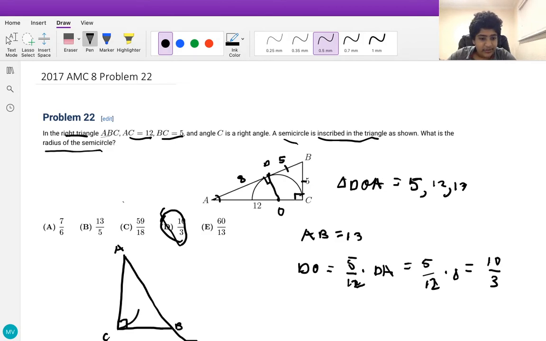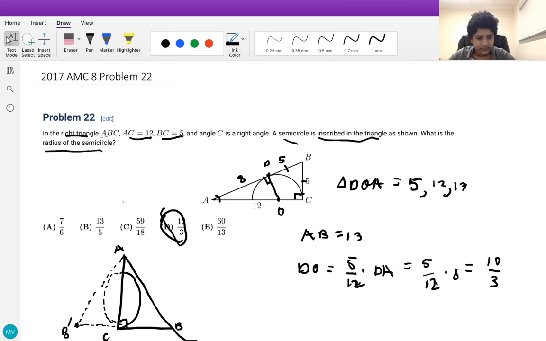We can actually reflect this right triangle over the line AC, like this. So the dotted lines are the reflected portion. And this drawing is not that good, but immediately you can see that the desired semicircle becomes a circle. It is in fact the incircle of triangle ABB prime, if you label the reflection of B as such.